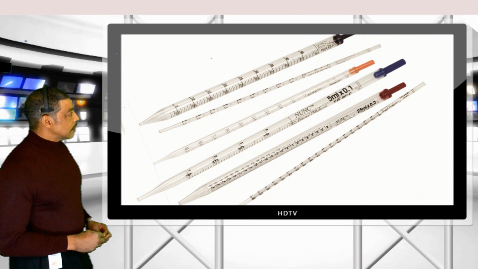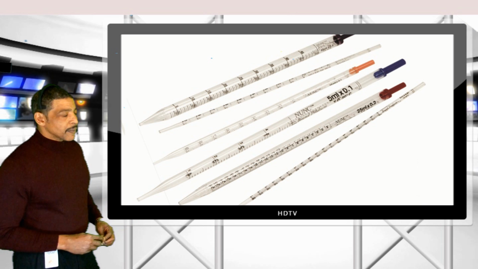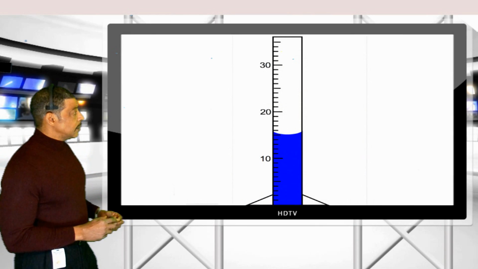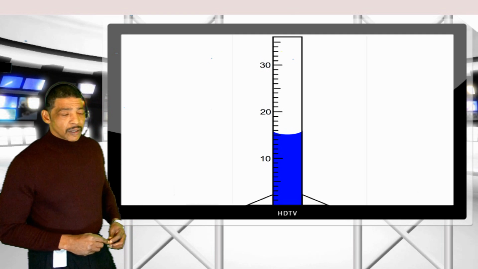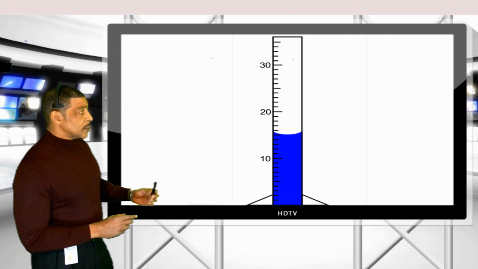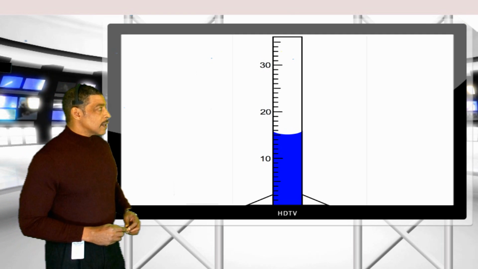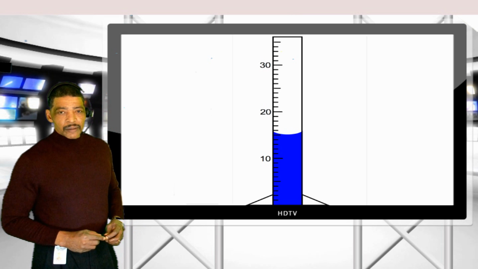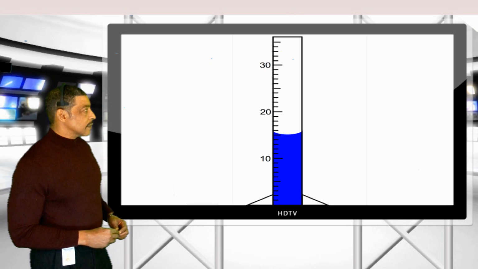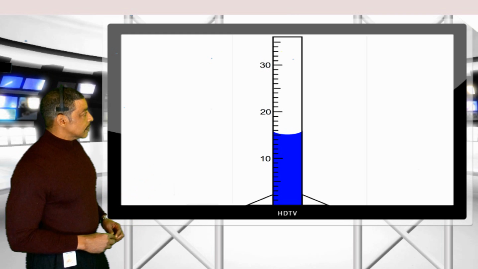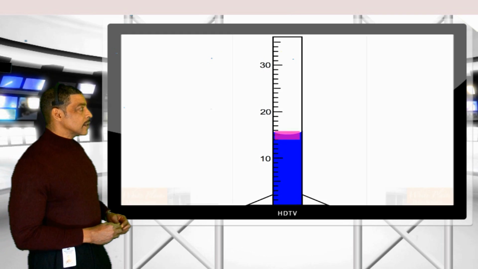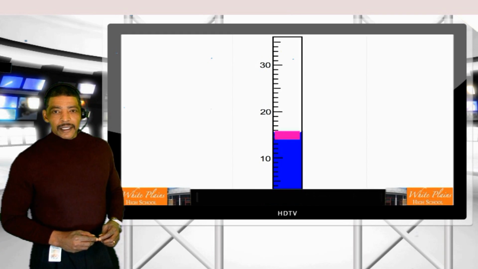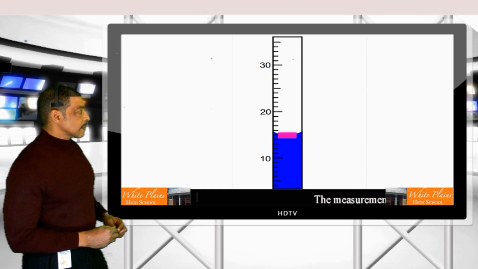Let's use a volume measurement as an example. Say you're in a chem lab and you need 15 milliliters of water. You could use a graduated cylinder marked in 1 milliliter increments to accomplish this task. With the graduated cylinder, you could easily obtain a volume between 14 and 16 milliliters.